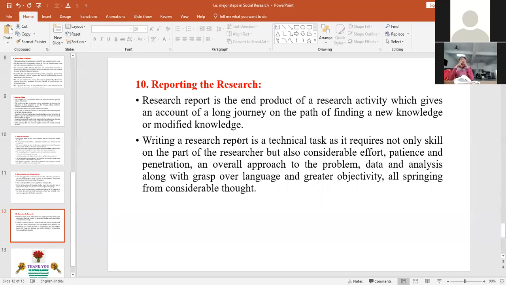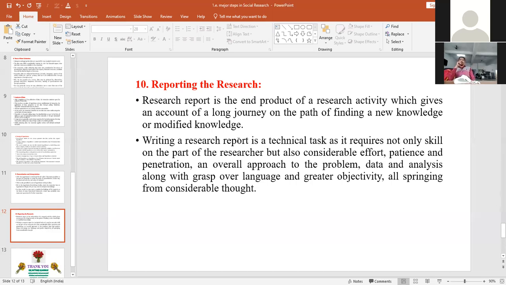Here the objectivity is fulfilled by the researcher. So completely the report writing is nothing but the complete analysis by the researcher towards a proposed problem.